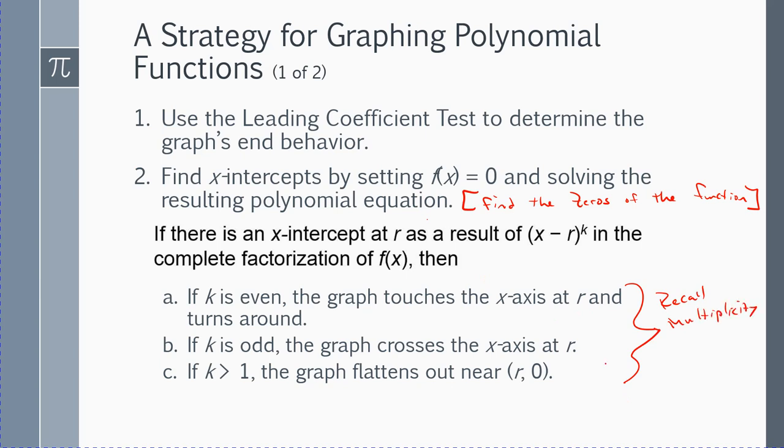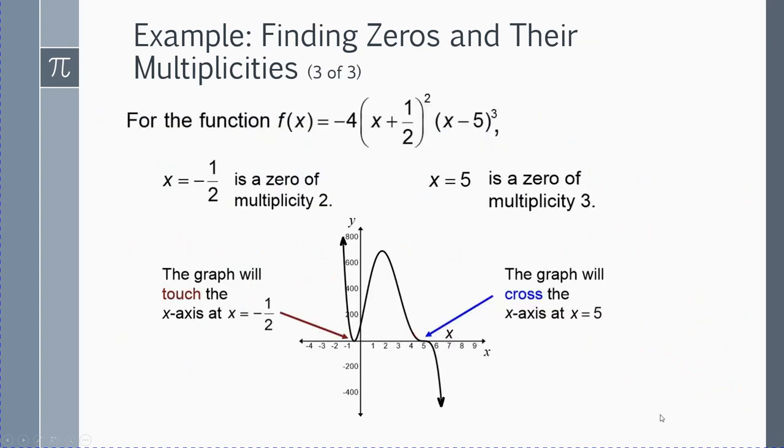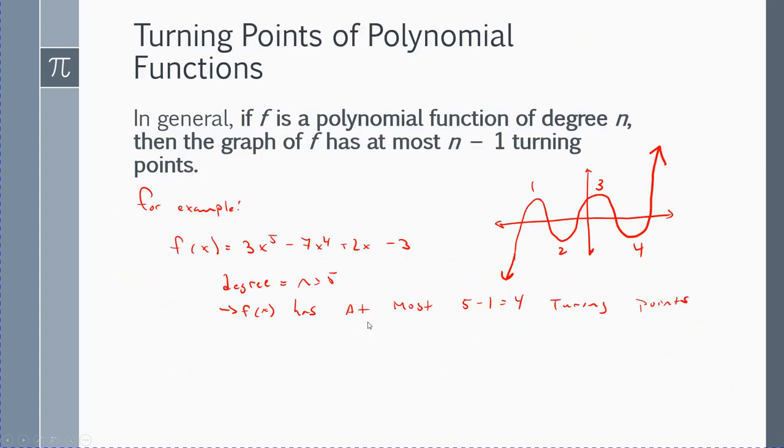Now, I covered this in a previous video lecture. But if k is even, the graph touches the x-axis at r and turns around, so going back real quick, it's going to be like this situation here, it just touches and turns.